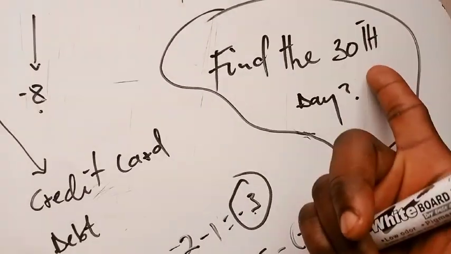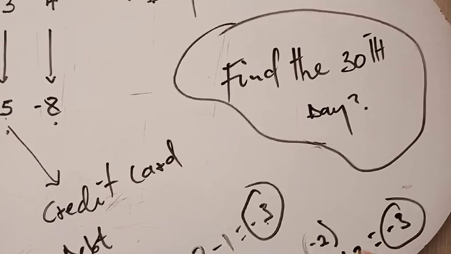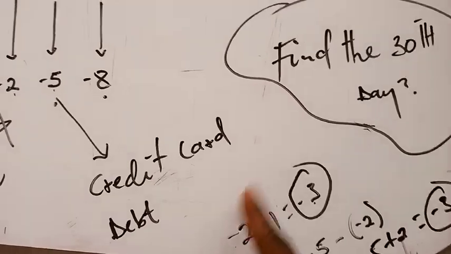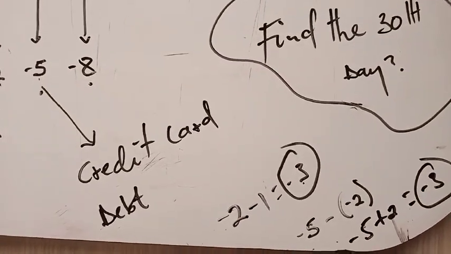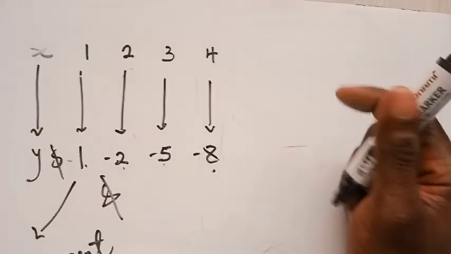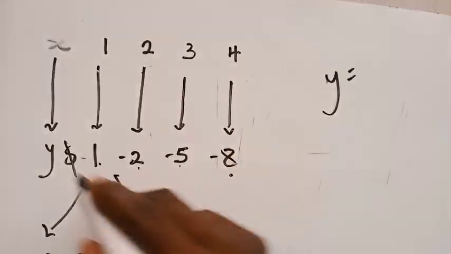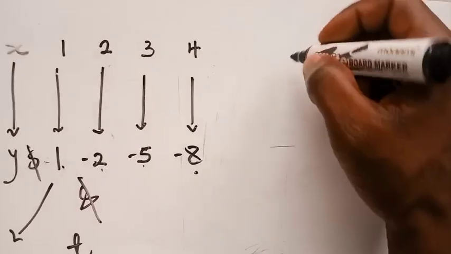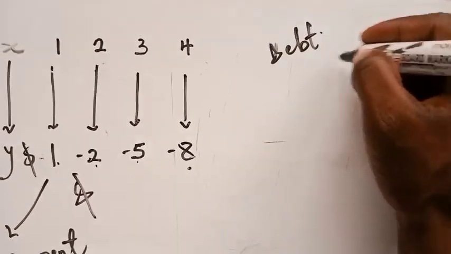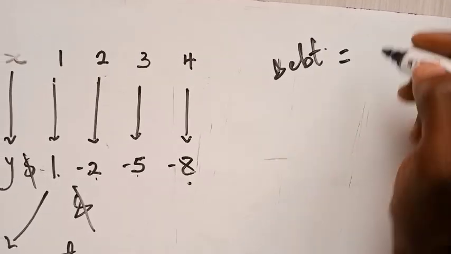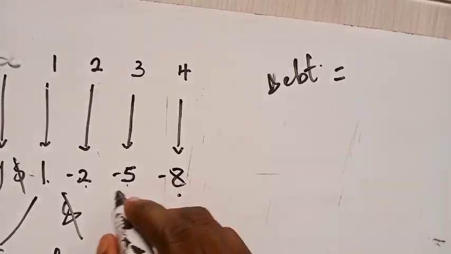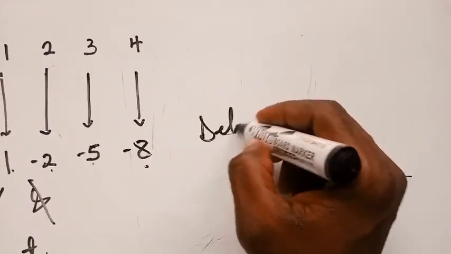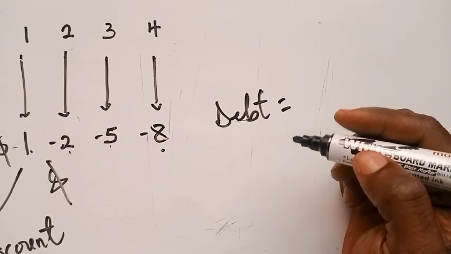So maybe on the 30th day, let's say if we can get a value, maybe our debt on the 30th day, if we persist and continue using our credit card to check our basket. Now this is the tool that we are going to use. So maybe your debt is going to be equal to the difference here, so let me write it like this for better understanding, your debt here is going to be equal to the difference.